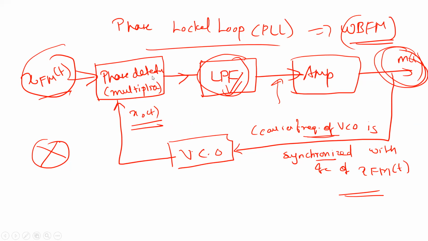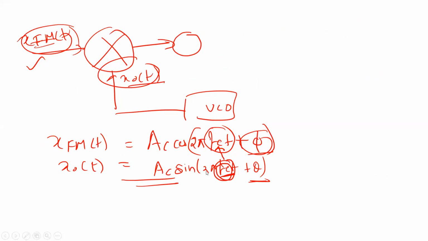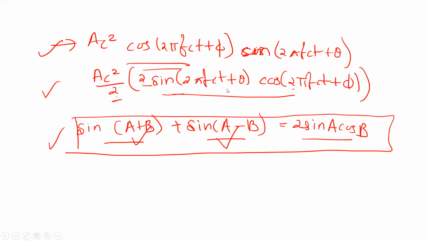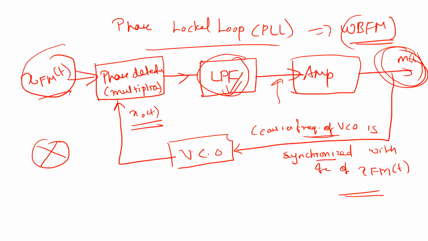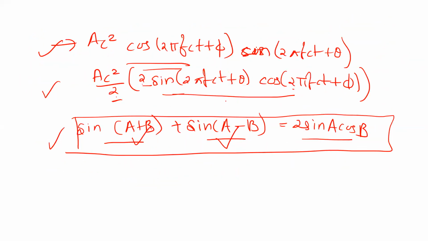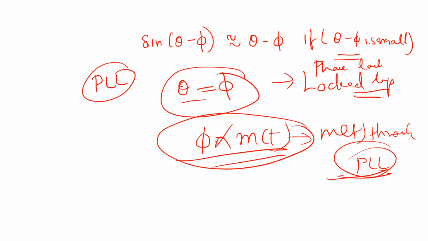These two signals get multiplied at the multiplier: Ac cos(2 pi fc t plus phi) and Ac sin(2 pi fc t plus theta), giving this final value over here. This part goes through a low pass filter, so it gets negated out and I only remain with this.